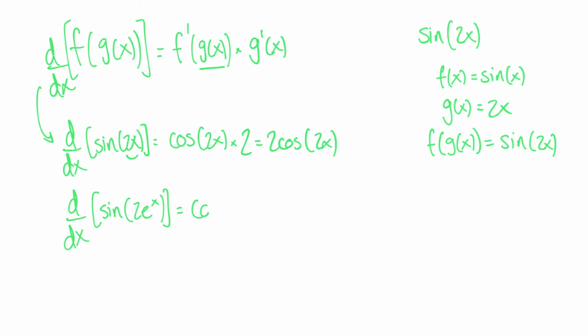So that's cosine of whatever is inside. That doesn't matter. Okay? I'm just dealing with the outside. Times, and then the derivative of whatever is inside. So 2e to the power of x becomes 2e to the power of x. So then I have 2e to the power of x cosine 2e to the power of x. And that's just what it is. And it can get as nasty as we want, but that's the basic idea.